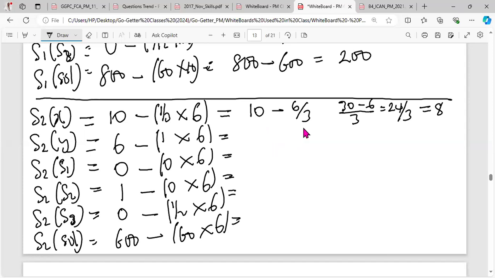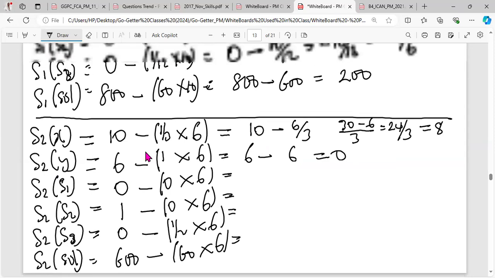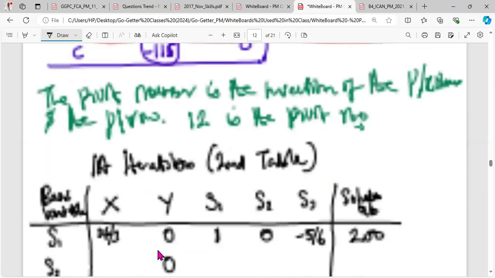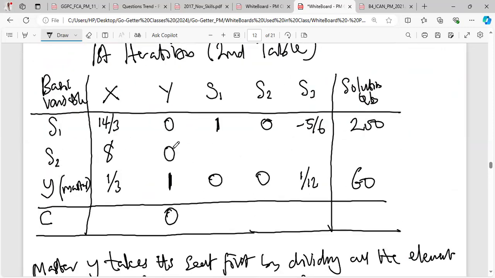Okay. So it's as good as saying 10 minus 2, which is 8. That's fine. Then here we have 6 minus 1 times 6 is 6. That gives you 0. So you know that here we already have the 0 written for us.